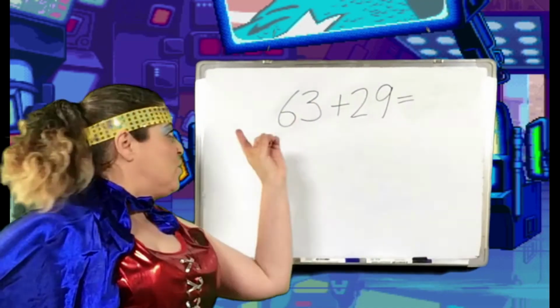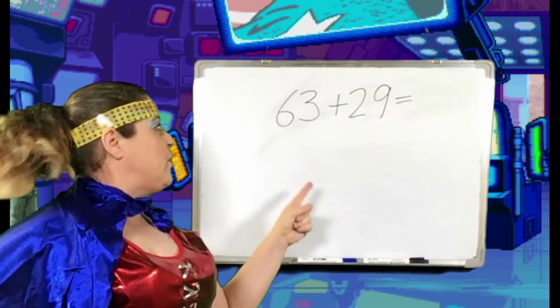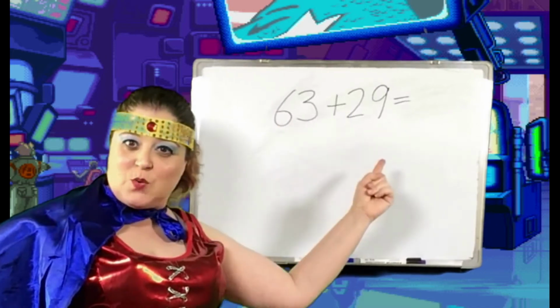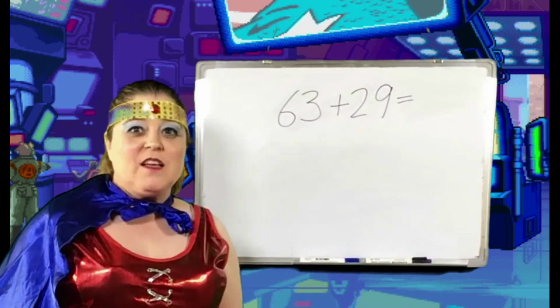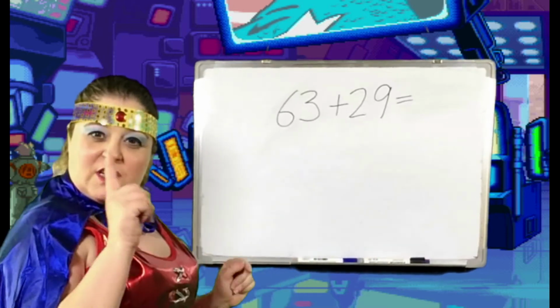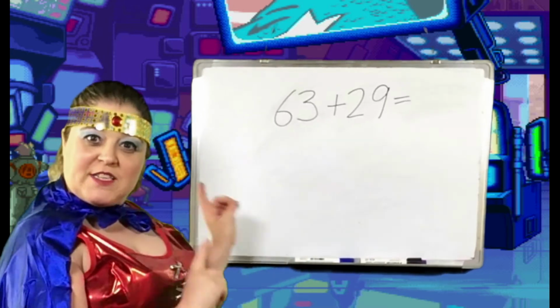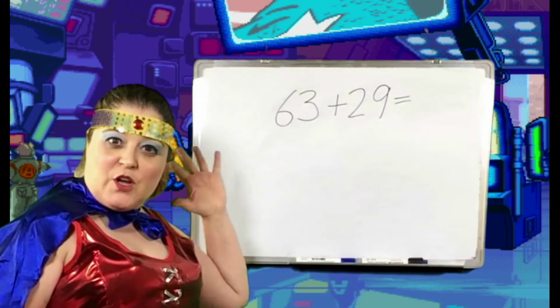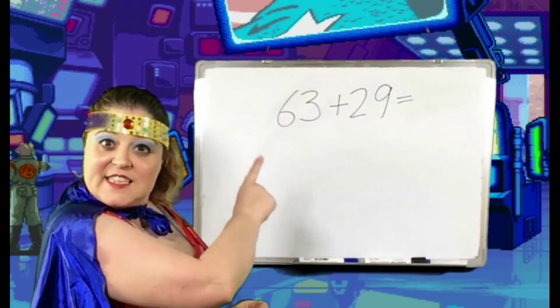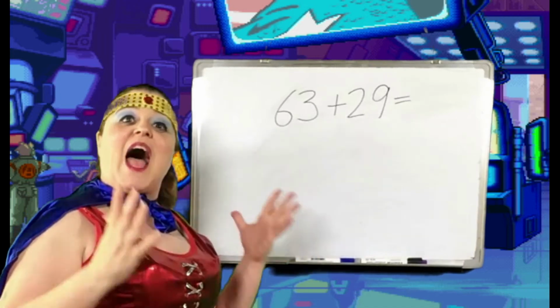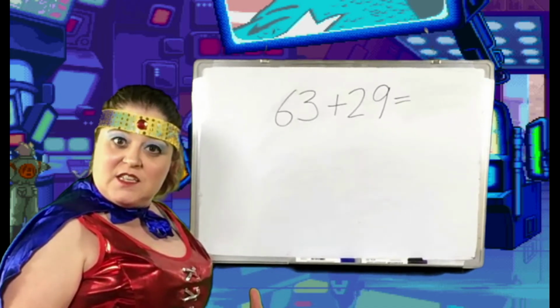Okay, heroes, write this sum on your whiteboard. 63 plus 29. You're going to do this one just a bit ahead of me. Okay? So, start by partitioning. Remember, you partition the smaller number. So find the smaller number in this sum and partition it.